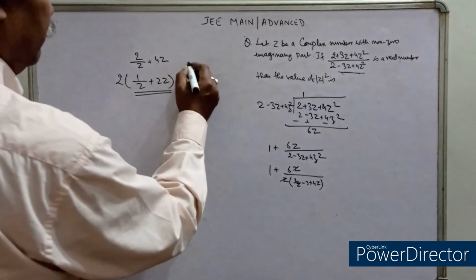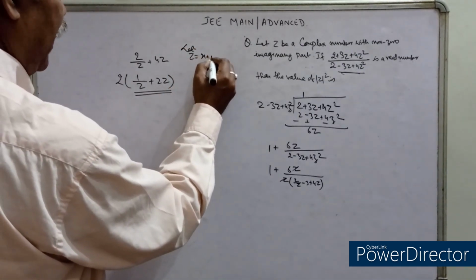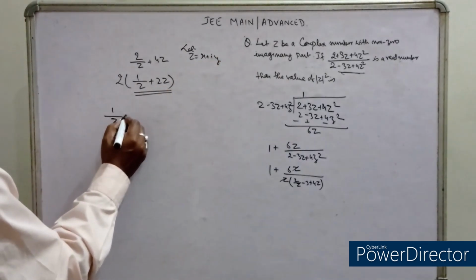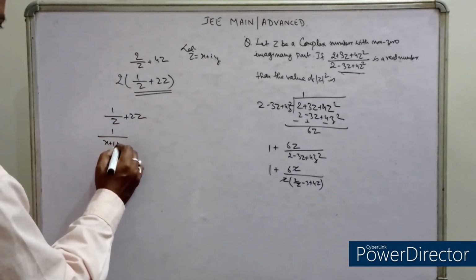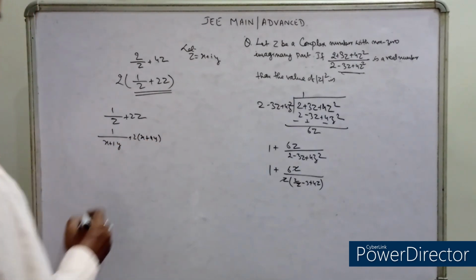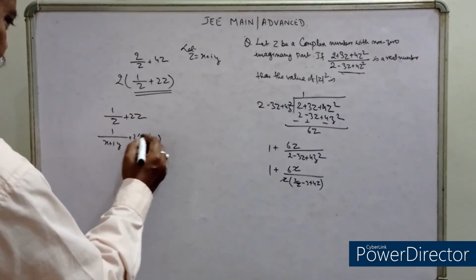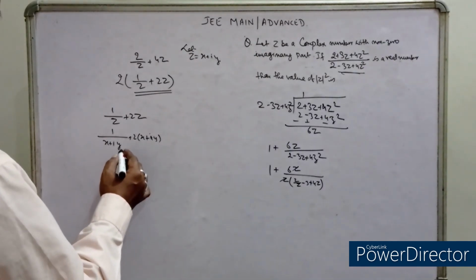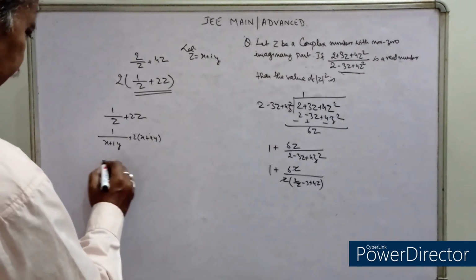Now we know that, let Z be equal to x plus iy. So I am going to put the value here. So 1 by Z plus 2Z. 1 by Z is 1 by x plus iy, and 2 times x plus iy. So let me take the LCM.